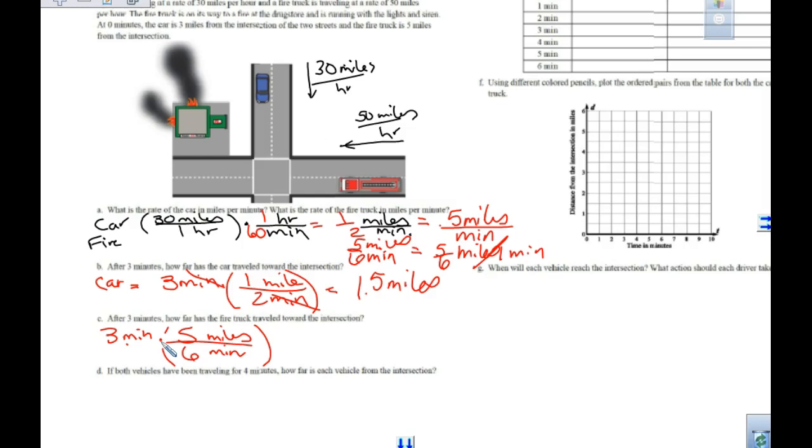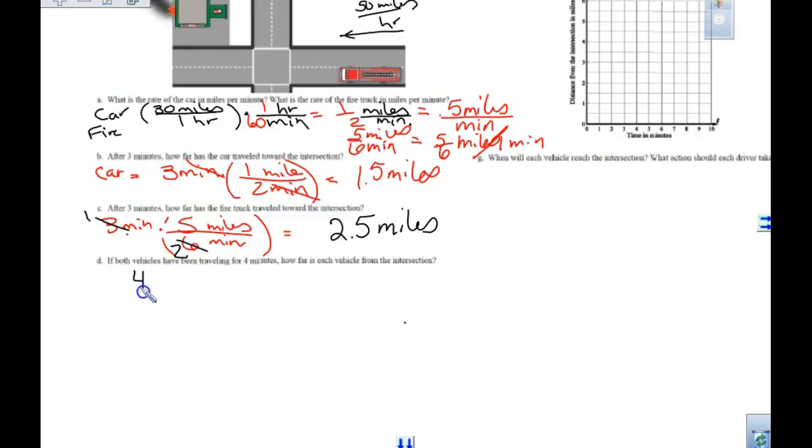So this one, if we were looking at this, you can simplify. 3 goes into 6 twice. 5 divided by 2, 2.5 miles. D. How far had the car gone in 4 minutes? So if you didn't do this, make sure you show me in 4 minutes for the car, right?